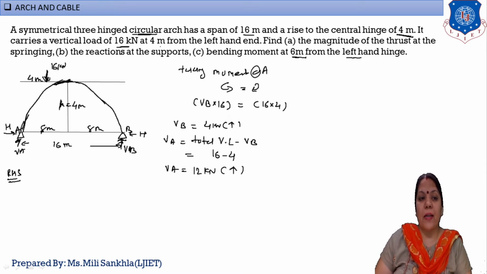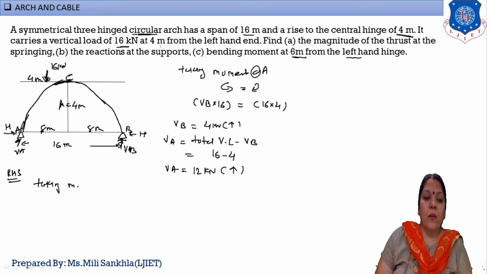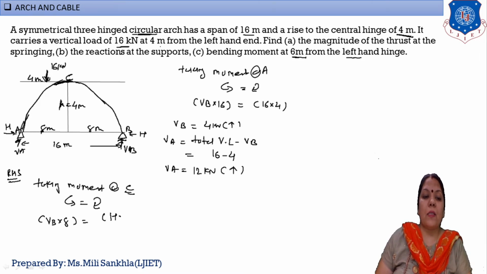Now on the right hand side, suppose this is our C joint, C point. At C point the internal hinge is given. So here, taking moment about C. VB into the half distance, again comparing anti-clockwise and clockwise: VB into half span, and the clockwise moment is H multiplied by this vertical distance, the rise, that is 4 meter.